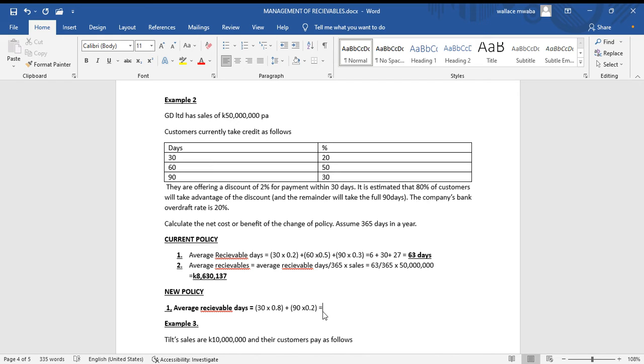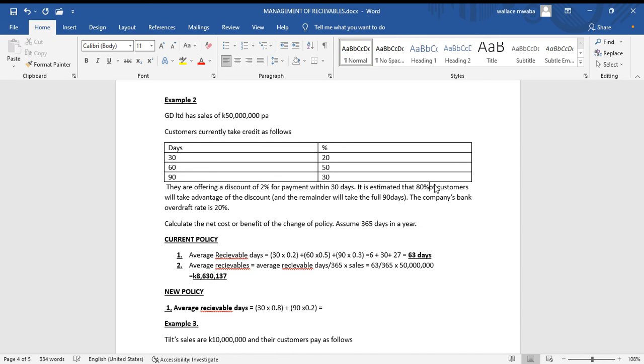We've been told 80% of the customers will take advantage of the discount. Divide 80 by 100.